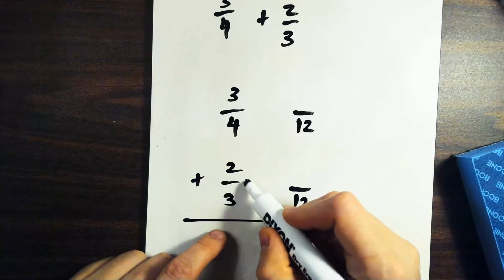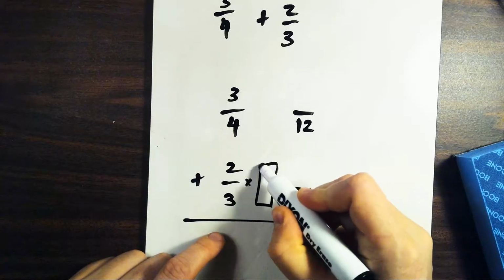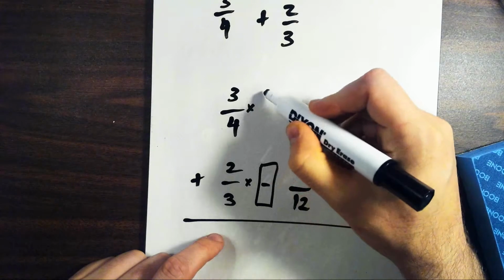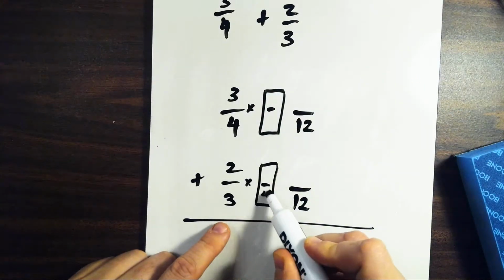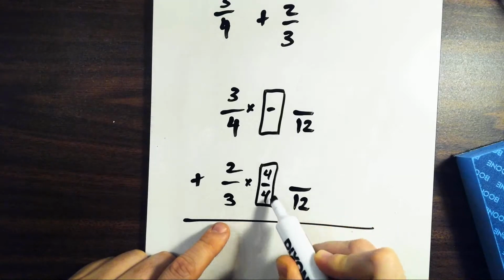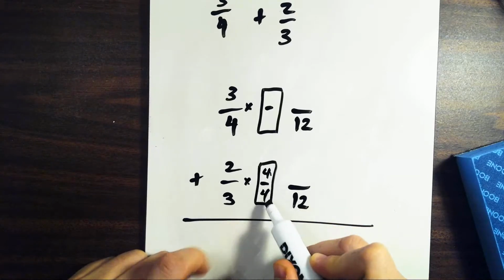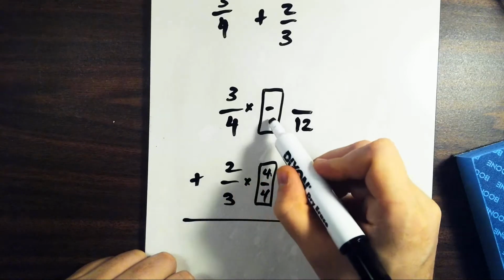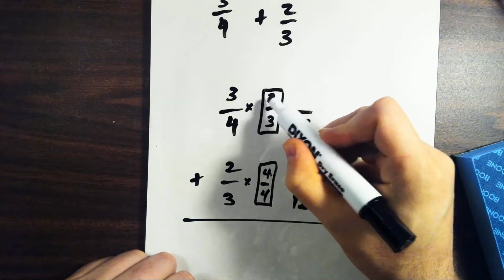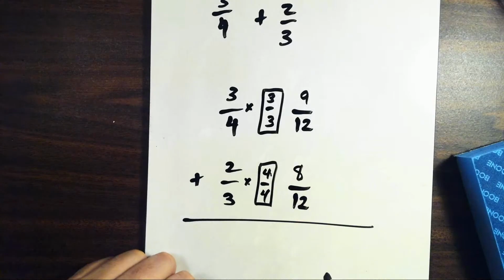And then I'm going to try to multiply each of my fractions by a version of a whole so that I have new equivalent fractions. 3 times 4 is 12. As long as I multiply by 4 over 4, I'm not changing my fraction. 2 times 4 is 8. 4 times 3 is 12. And 3 times 3 is 9.